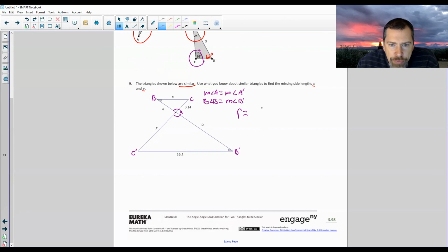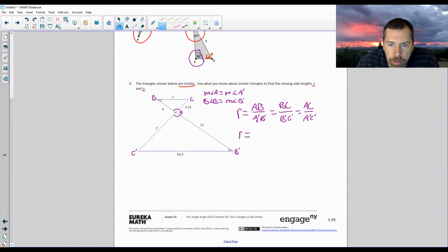So AB is 4. Let me put it in words first, letters first. We're going to compare side AB to side A prime B prime. And those should be equal to BC compared to B prime C prime, and then AC to A prime C prime. So that's what we're going to do.